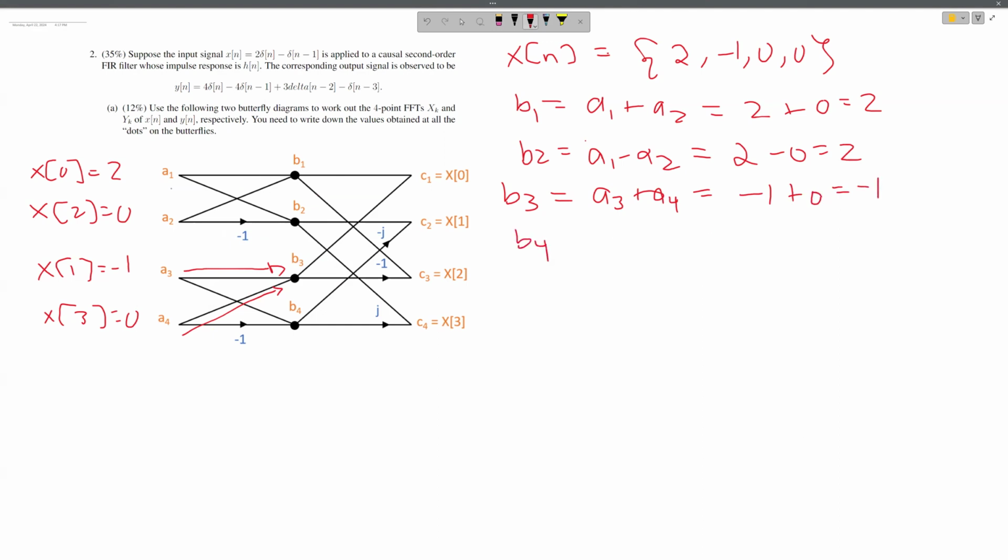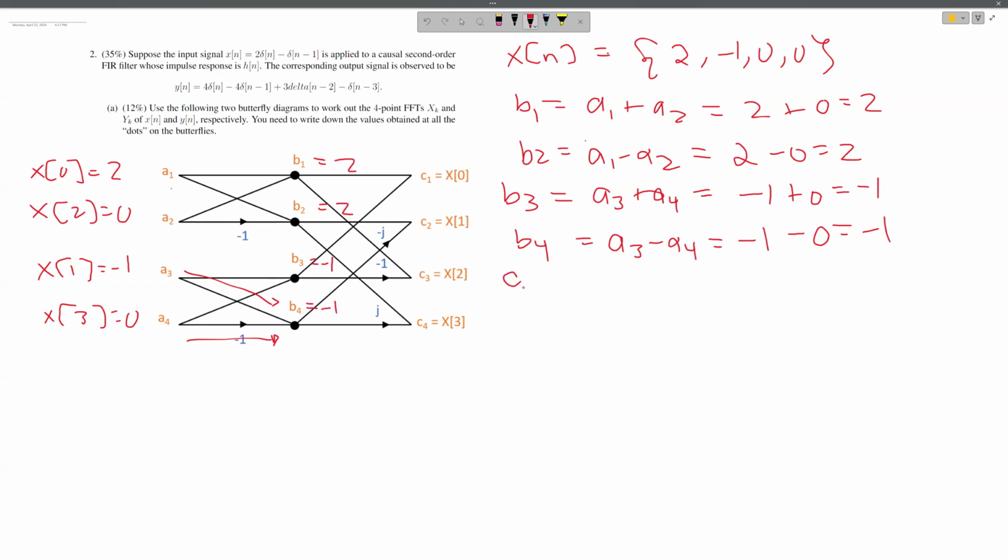And B4 is the difference of these two, so A3 minus A4 equals -1 minus 0 equals -1. That's not correct. That is not correct. Oh, that is correct. Yeah, -1 minus 0 equals -1. Okay, this is 2, 2, -1, and -1.